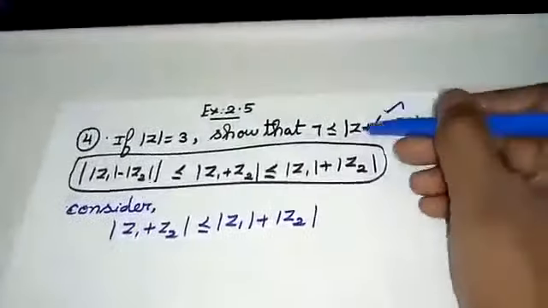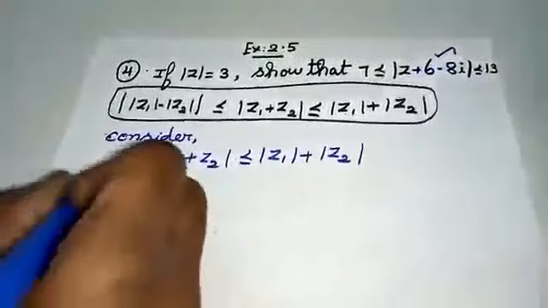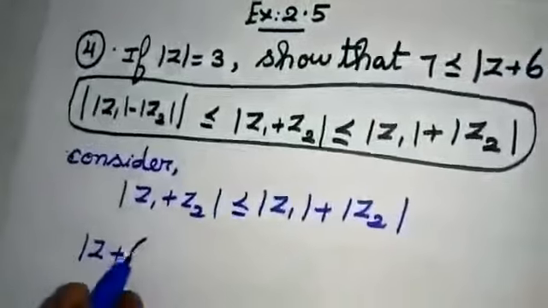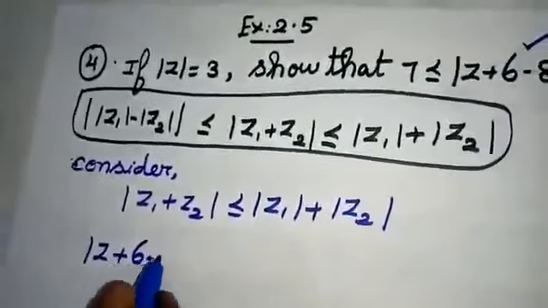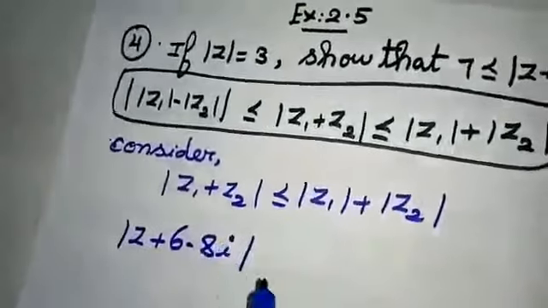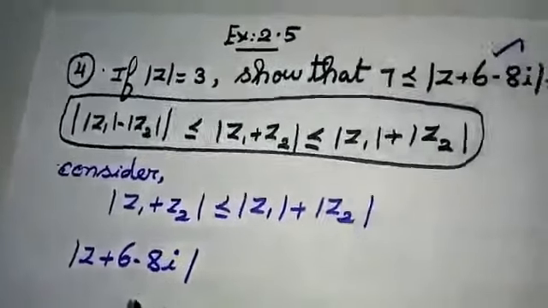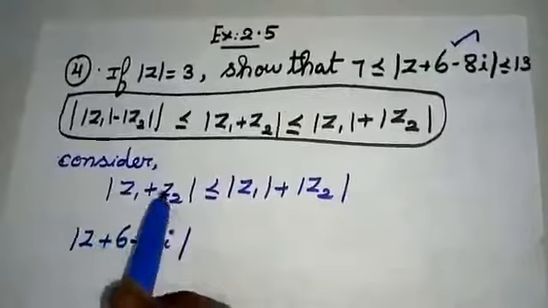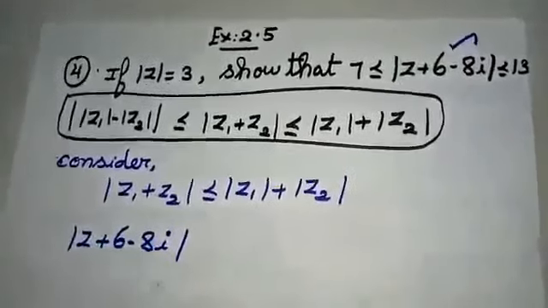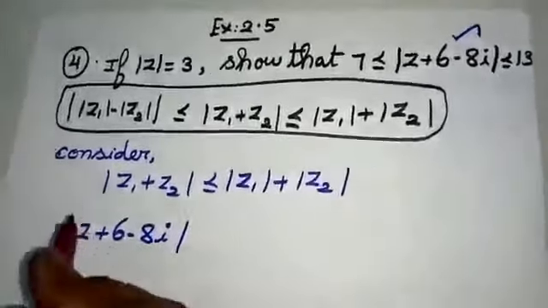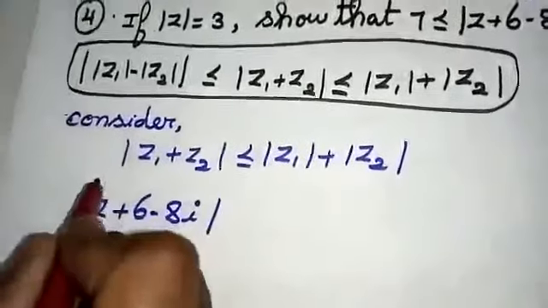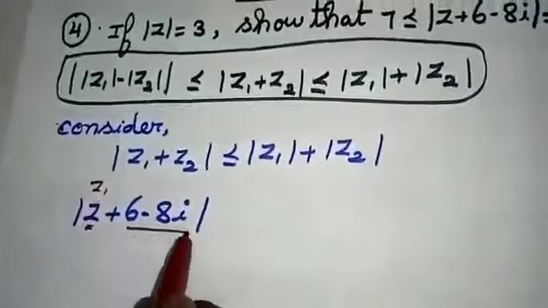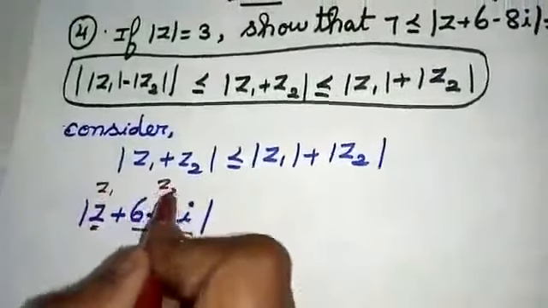That is modulus of 6 plus z plus 6 minus 8i. I'm going to take this one, students. So how I'm going to fix my z1 and z2? Here I'm going to take this z as z1 and 6 minus 8i as z2.